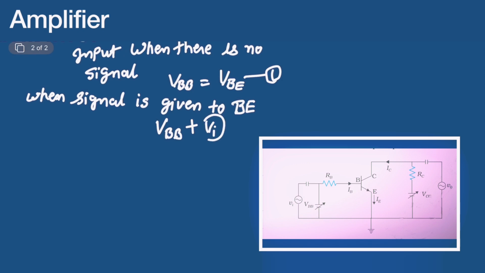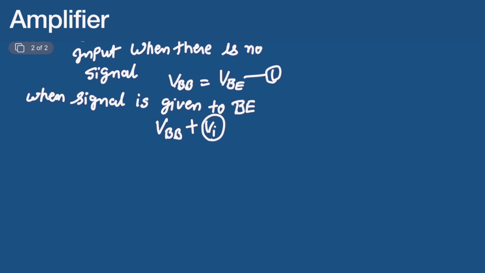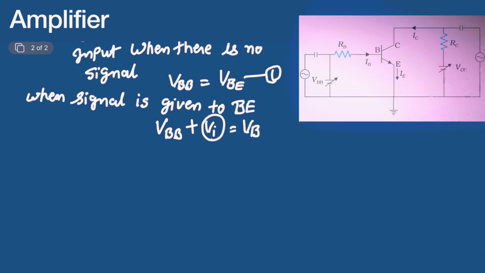But when signal is given to BE, and signal is always given to base and emitter, do remember, our equation 1 will become VBB plus VI is equal to VBE plus delta VBE, because there will be change in input. Initially, no signal means VBB is equal to VBE, but when signal is given, the input of signal will be added. So VBB plus VI is equal to VBE plus delta VBE.